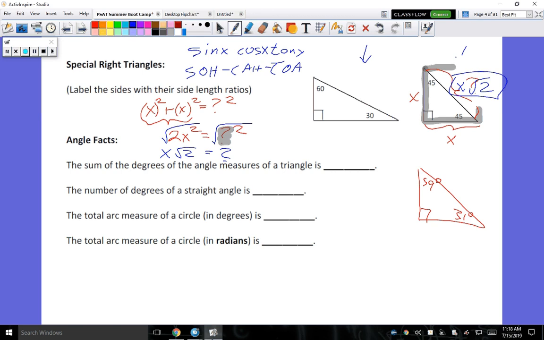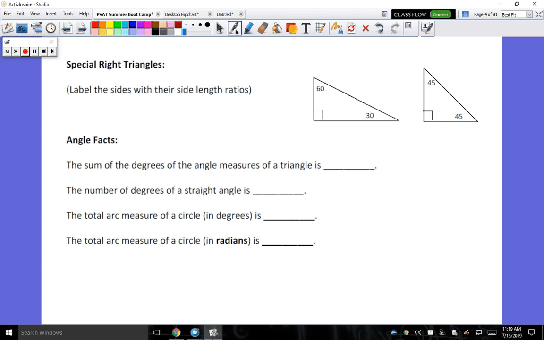Okay? What shape did this 30, 60, 90 come from? Not a rectangle. Not a square. Not a circle. This came from an equilateral triangle. Okay?